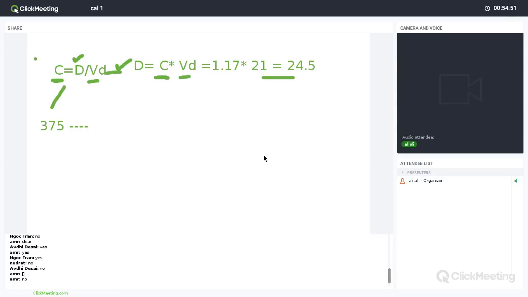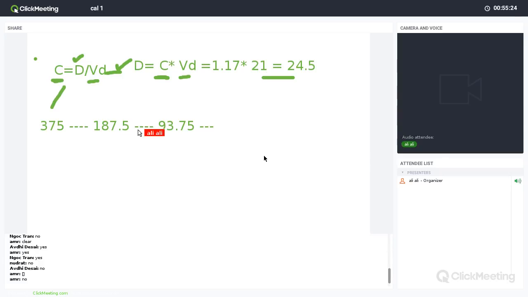375. After one period of t half, you open your calculator and start dividing by 2. By 2, it will equal 187.5. Then we go for another period. 93.75.